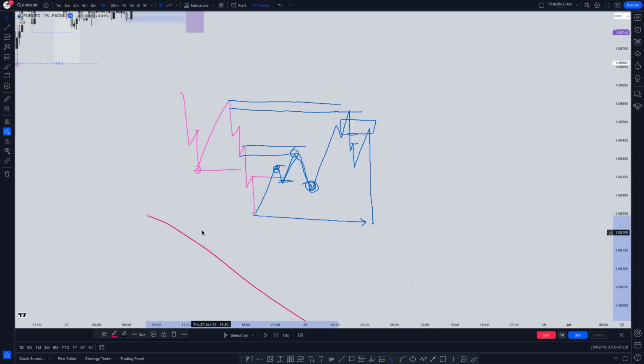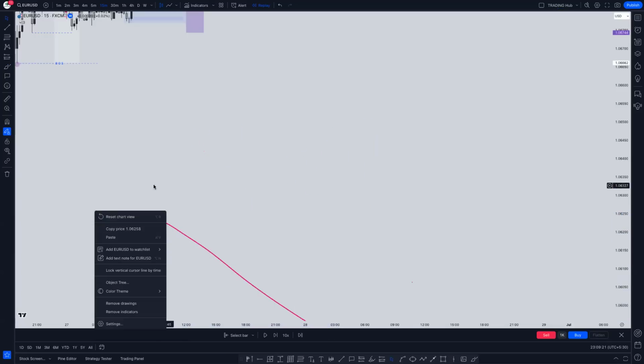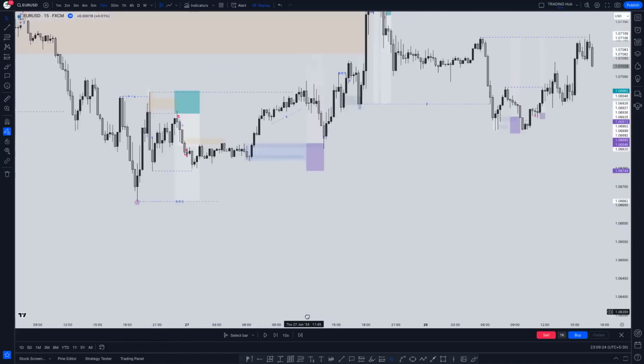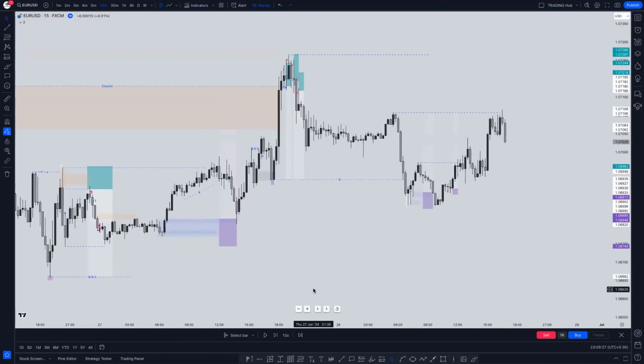The 15-minute chart. This one? I think this one, right?